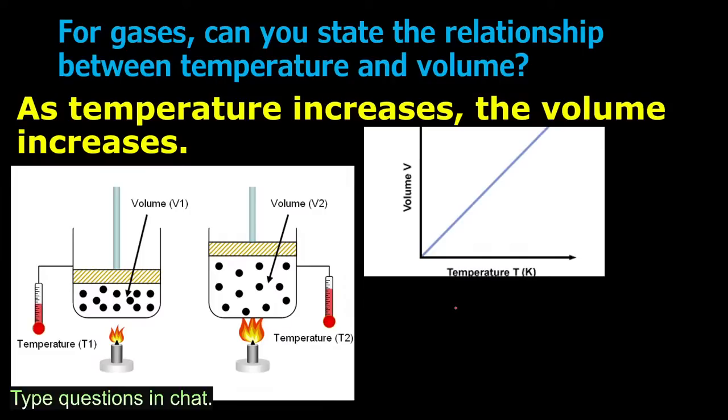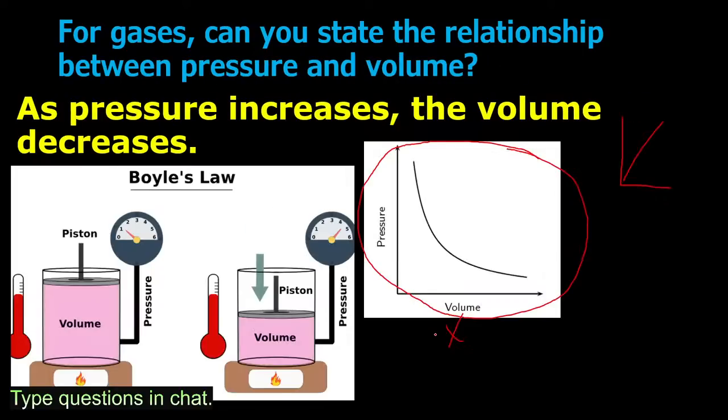So if you remember this one, the other gas relationships are direct. They look like this. This one is the only one for gases that looks like this, where it is an inverse relationship. So as volume increases, pressure is going to decrease. For volume and temperature, and for pressure and temperature, they look like this.